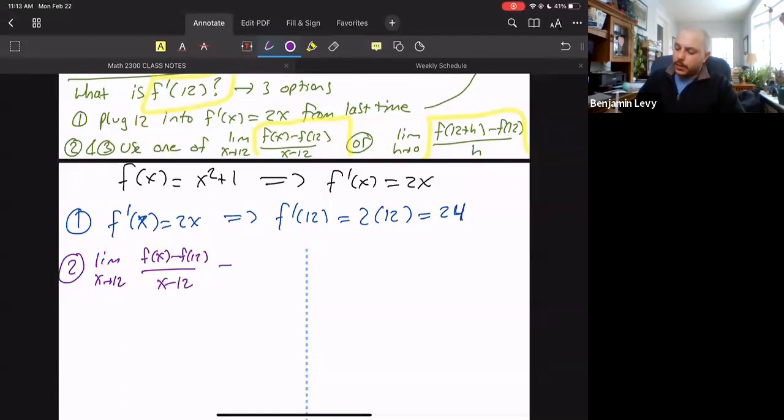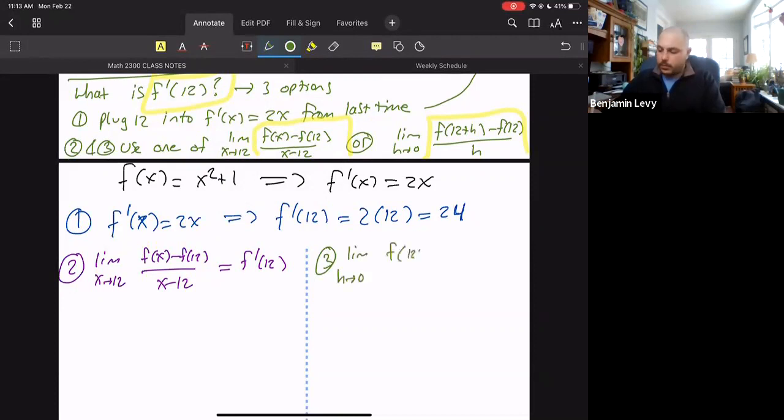This is one version of f prime of 12, the one on the left up top there. And let's go ahead and write down the other one. The third option could be the limit as h goes to 0. This is a third option for the derivative at 12.